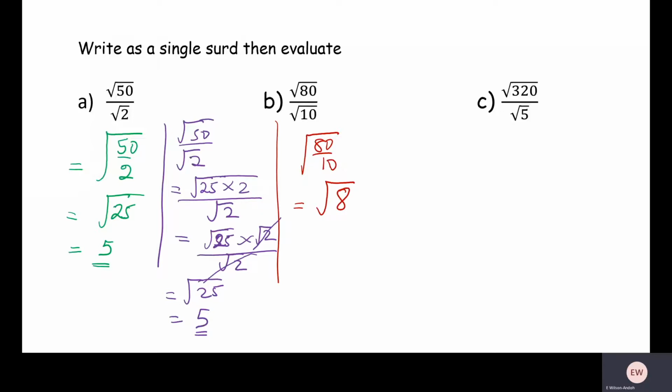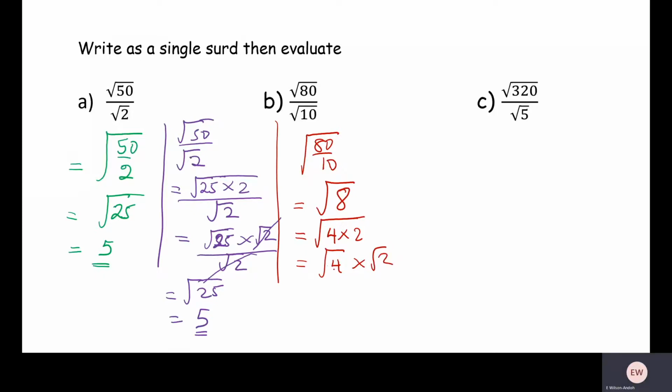Now, root 8, we think of a square number that is a factor of 8, and that square number is 4. So we can write this as square root 4 times 2, which is equal to square root 4 times square root 2.